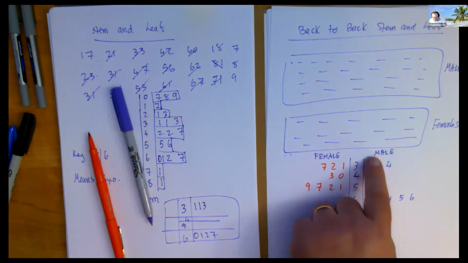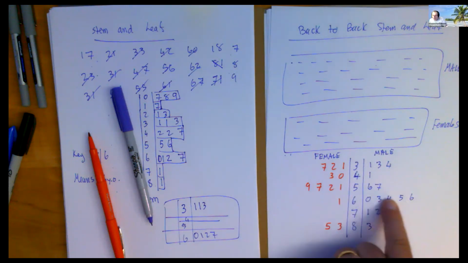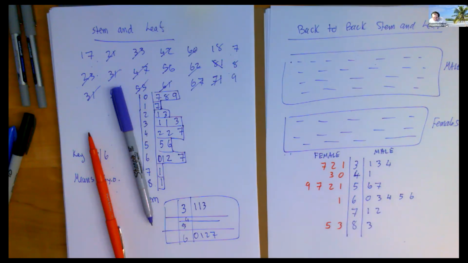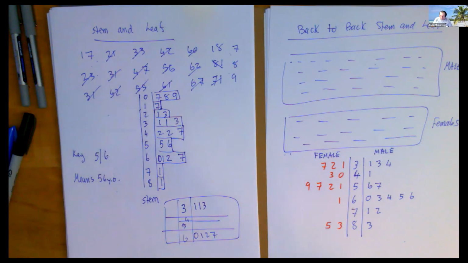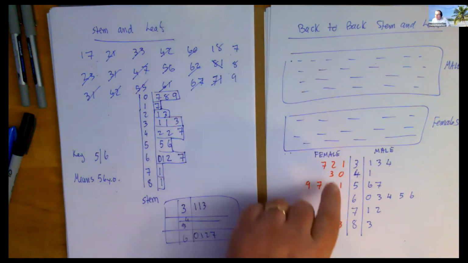On the other hand, would you agree that the males tend to be a bit older, more like the 60s? There's not a lot of difference over here. They're pretty similar. So you can identify patterns and shapes and comparisons between the two. And that's called a back-to-back stem and leaf. You feel comfortable about how if I gave you some data, you could create that?